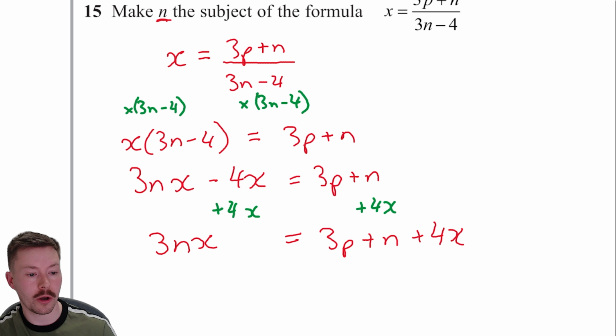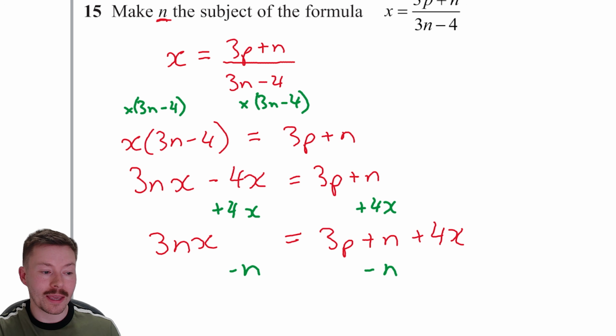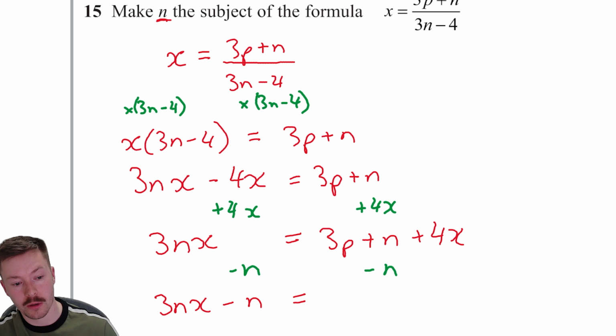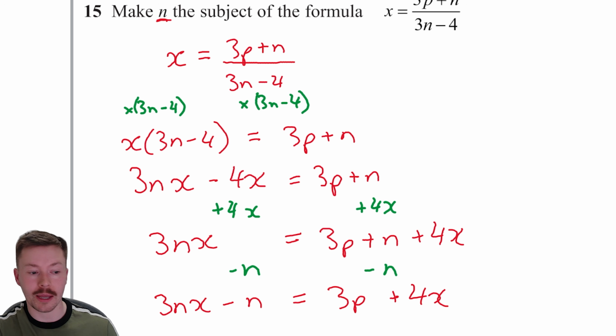From there, I want to collect the n term, so I'm going to minus the n from both sides, and you could have done that before. Now, we can't take away n from 3nx because it's got a different combination of letters. So we write 3nx minus n equals 3p plus 4x. Then we're going to factorise the n out on the left-hand side.